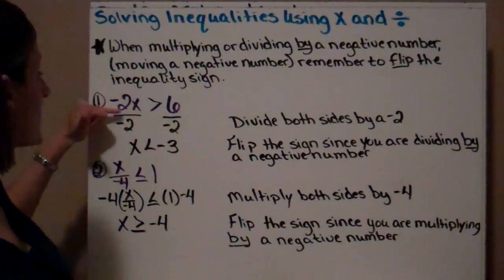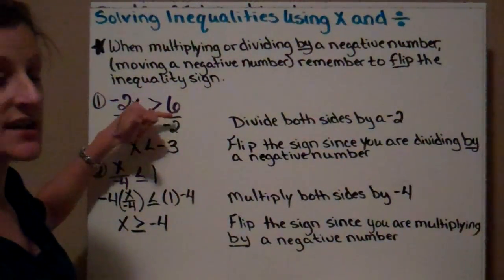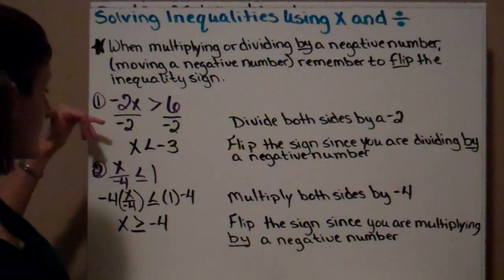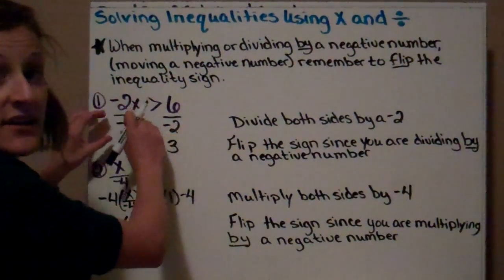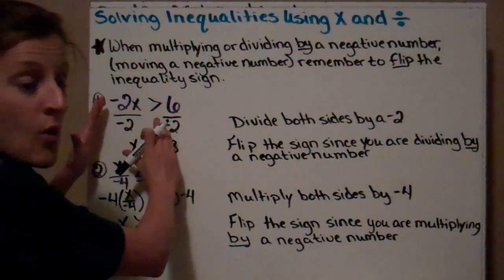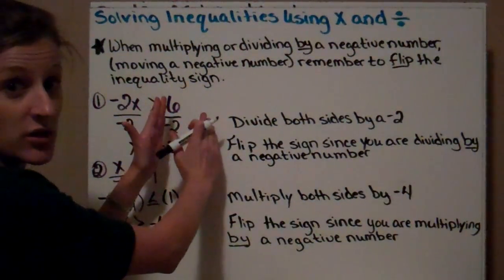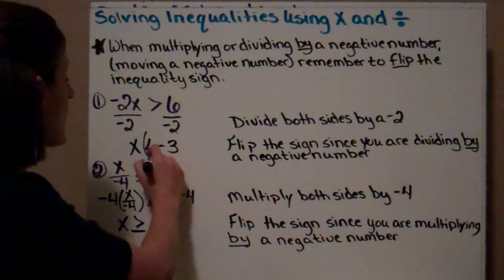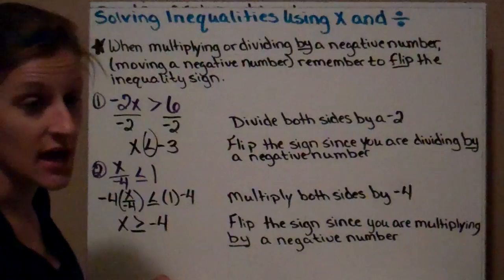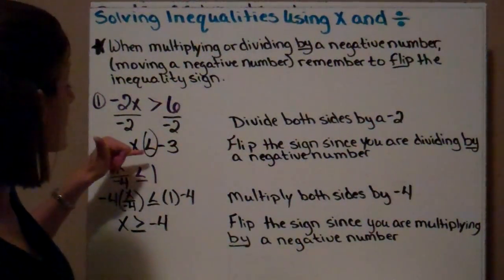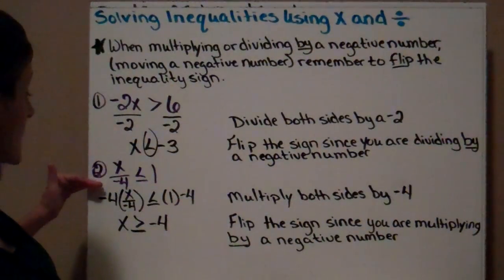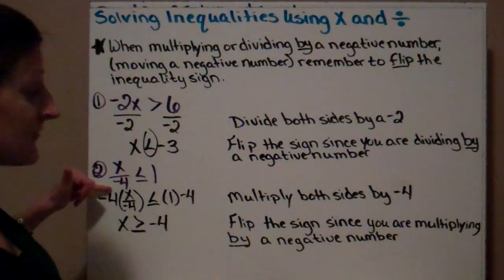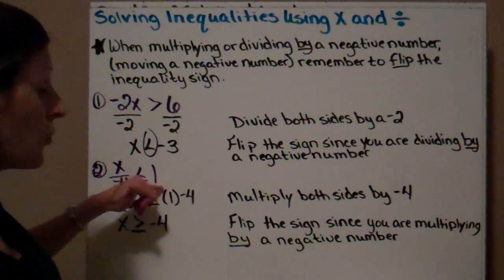Number 1, I've got negative 2x is greater than 6. Now to solve this, I've got to divide each side by negative 2. Since I am moving this negative 2 from this side of the inequality to this side, I need to make sure I flip my inequality sign. So I'm going to get x is less than negative 3. The second example, I have x divided by negative 4 is less than or equal to 1.